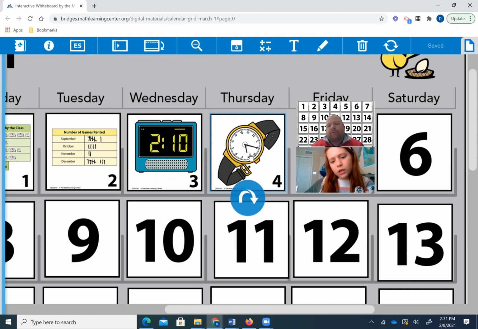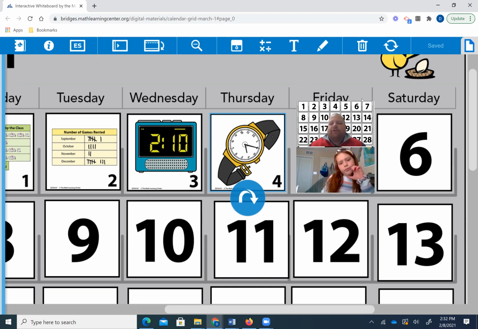So the hour hand is at 4. The minute hand is on 2 and then the hour hand is on 4. So it is 4:10. So how much time has passed, do you think, from day 3 to day 4? If it was 2:10 in the one card and now it's 4:10, how many hours passed? 2 hours. 2 hours. We call that elapsed time.